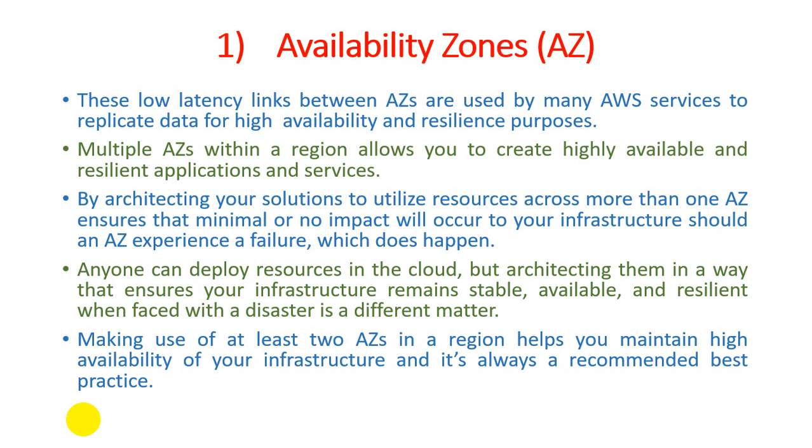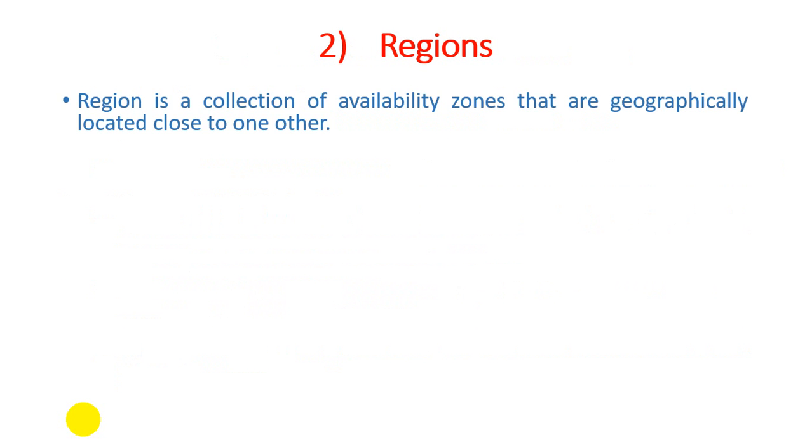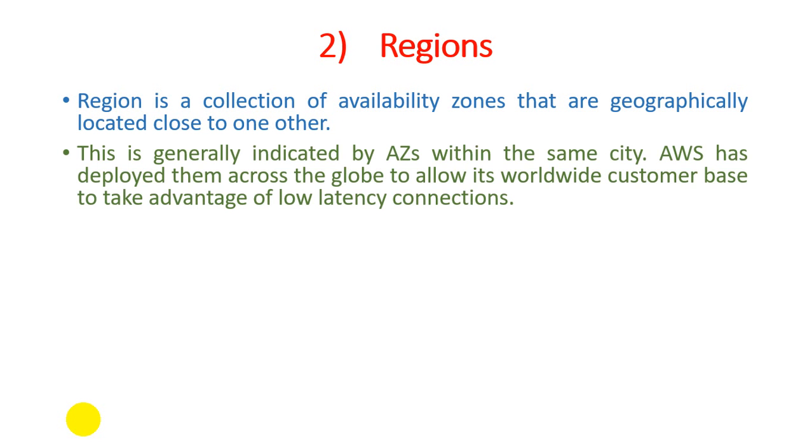So it is the first component we will discuss for the infrastructure of AWS. Now we discuss the second, which is nothing but a region. A region is a collection of availability zones that are geographically located close to one another. So it is a collection of AZs, or we can say availability zones. This is generally indicated by the AZs within the same city.